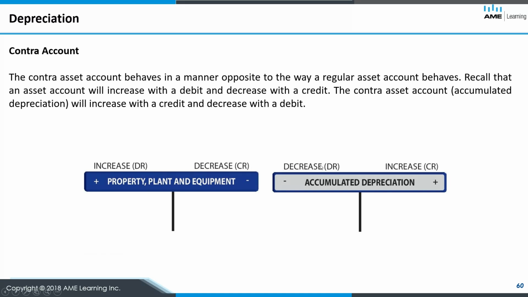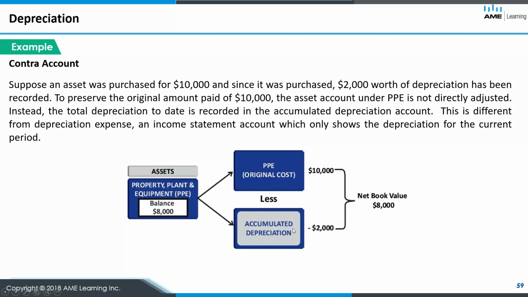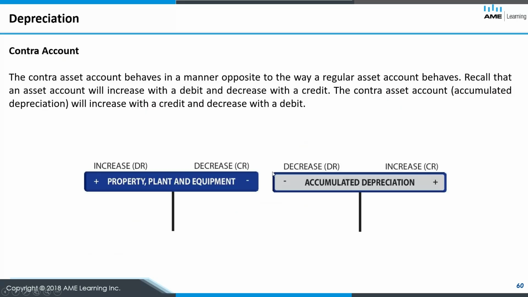So maybe you should be able to kind of see logically why you would have an opposite increase decrease there. Essentially, whatever we show here, if it's a plus, this is going to be a minus, and then back to how we sort of showed it on the balance sheet eventually, which we'll look at, is we offset that original cost by the depreciation to give us a reduced value. And we do that with our T accounts basically.